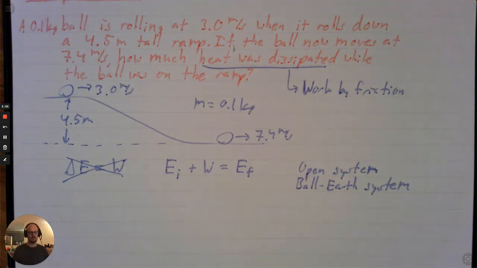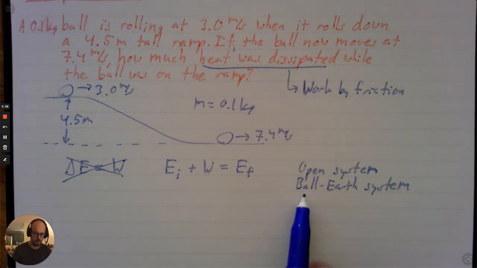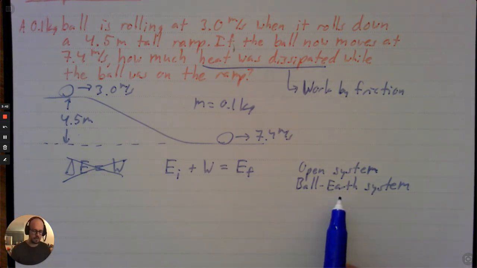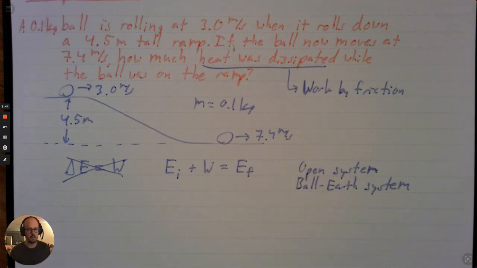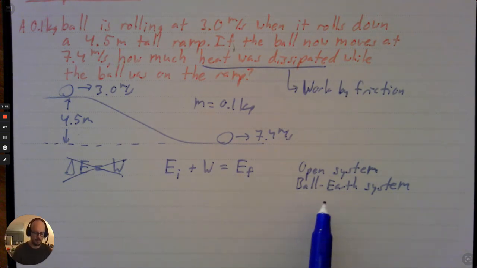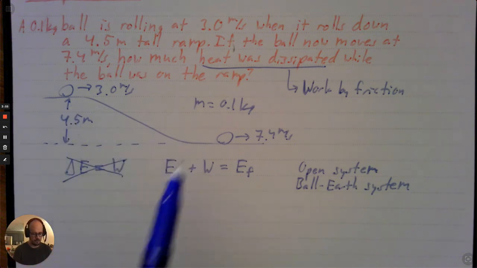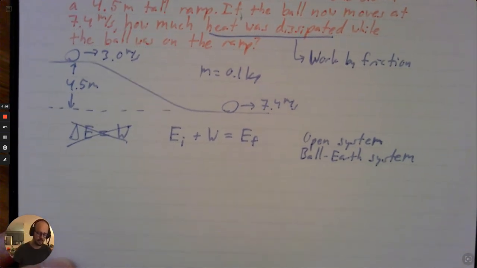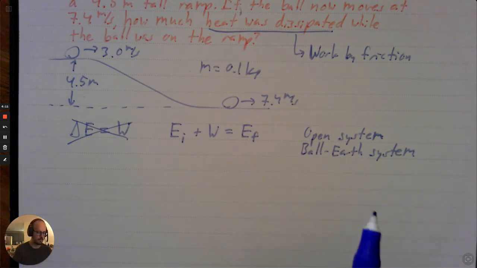That identifies the fact that the ball is part of the system, and therefore its kinetic energy is important. And because the Earth is in the system, the gravitational potential energy is important. So I'm going to consider specifically those two types of energy. There's nothing that stretches, so I'm not going to deal with that. I'm not including the ramp in the system, and the ramp is the thing that's going to aid in the dissipation of heat. So that's external to the system. That's going to frame my problem.